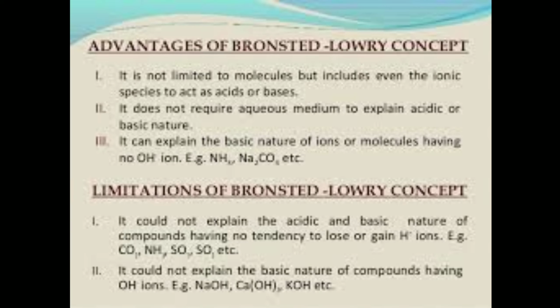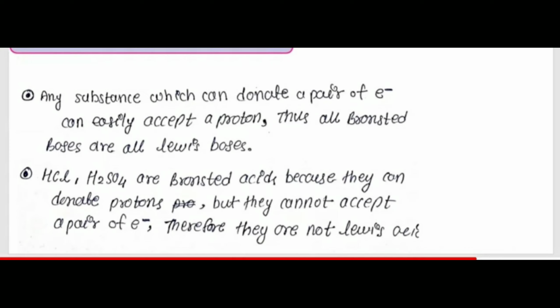etc. The third theory for acids and bases is a more generalized theory, the Lewis theory, put forward by Gilbert Lewis in 1923. According to this theory, any species that accepts a shared electron pair is called a Lewis acid, and any species that donates a shared electron pair is called a Lewis base.